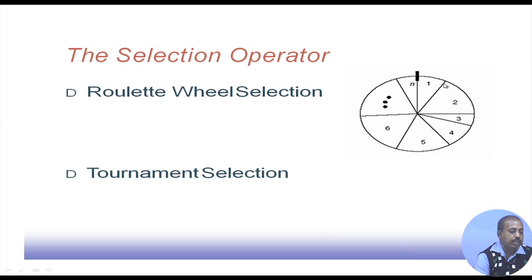Similarly, 2 is the next one, so it is given the next region. If this wheel is rotated, the possibility of selecting 6 is the highest, followed by 2, then 5, and so on.